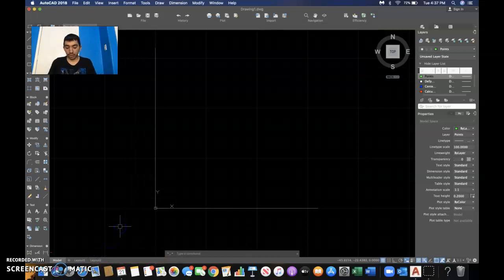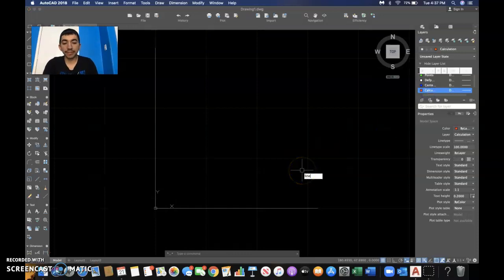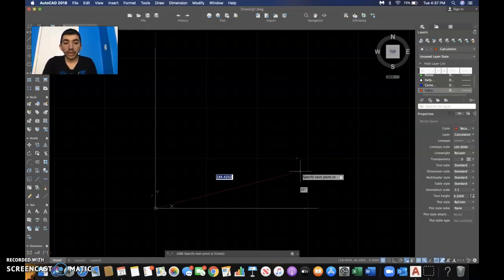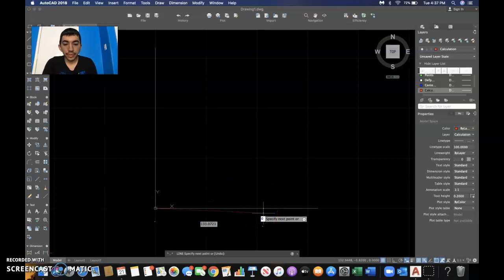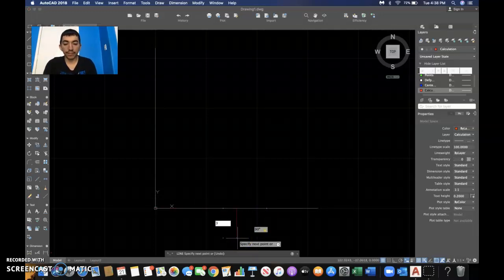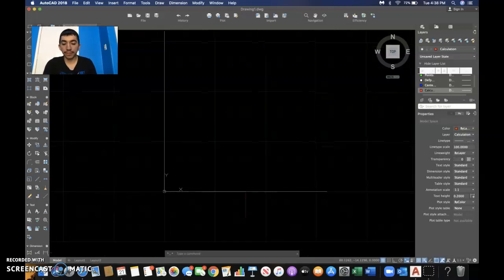So I'm going to start by making the circle. I'm going to go to my calculations layer. Line starting at 0, 0, going to 100, and then going down 30. Okay, there's going to be our first point.